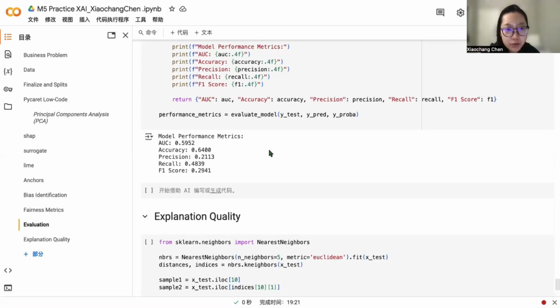Actually, I did try some other models like XGBoost and LightGBM. They did very well, but because of the time limitation, I just used the LDA model.